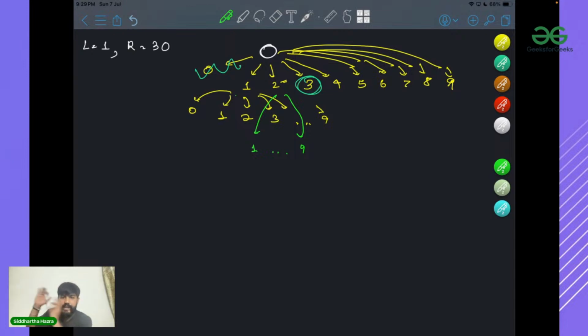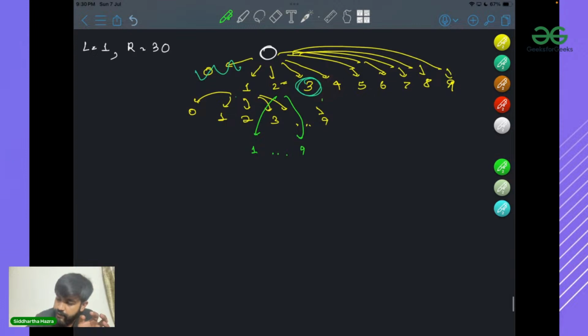But for all the other values like 3, 4, 5, 6, 7, 8, 9, if I keep any value after that, like 4, 1, 5, 1, 6, 1, that is not valid apart from 3, 0. So we can keep here one value, that is 3, 0. But if we keep 3, 1, that is not possible. So 3, 1 is not a valid thing.